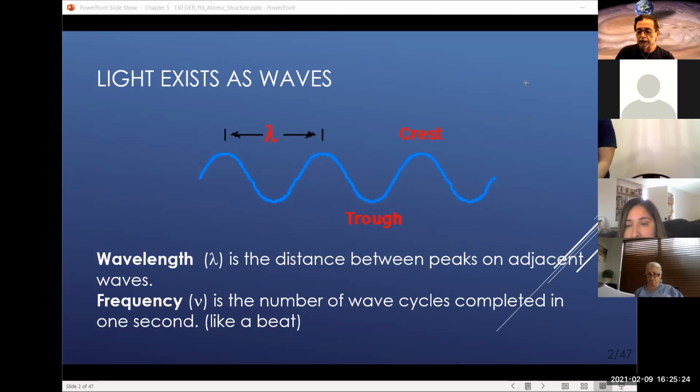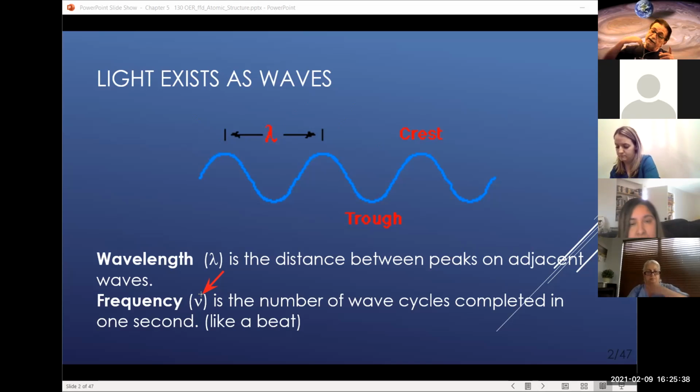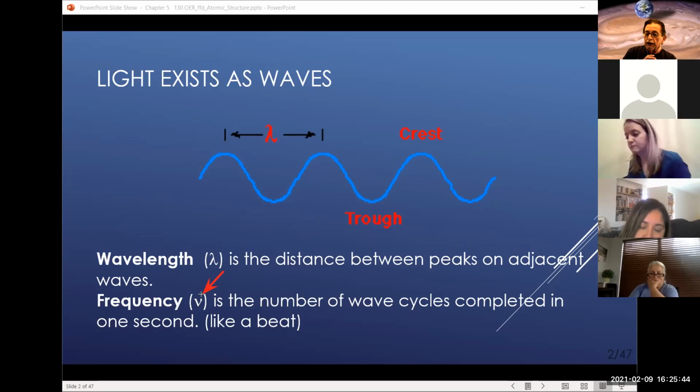The frequency, which is denoted here by this symbol, looks like a V. It's really mu, the Greek symbol mu. That is frequency, and that is the number of wavelengths, the number of things that happen within 1 second. So your example of the computer with 2 gigahertz, there's 2 billion things occurring in your computer in 1 second. That's pretty fast.